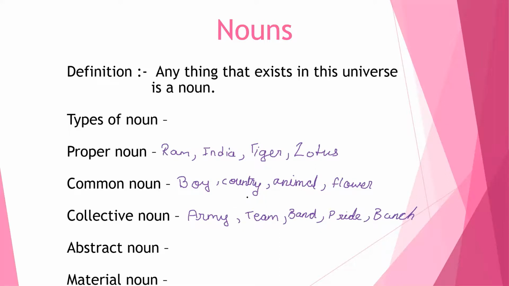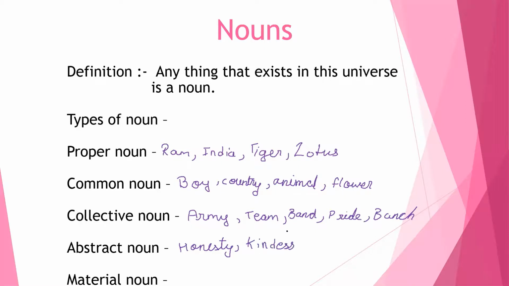Abstract noun. Abstract noun generally tells about quality, action, or state. For example, honesty. It is a quality. Then kindness, it's also a quality.